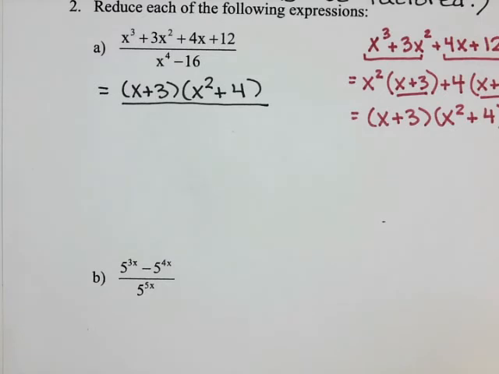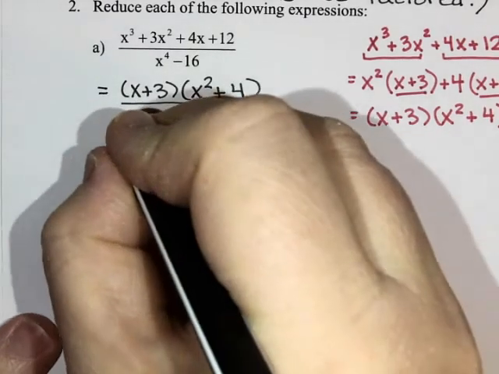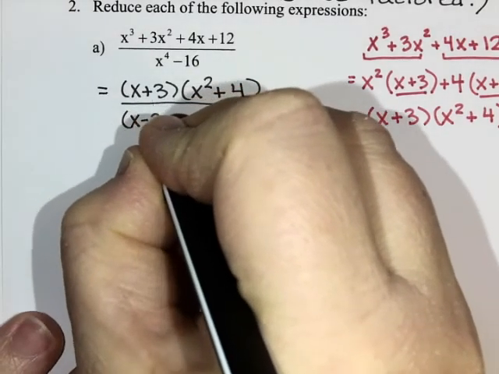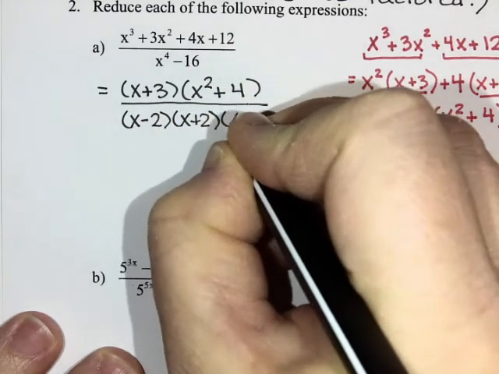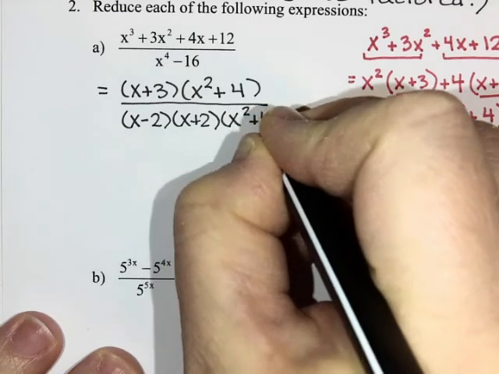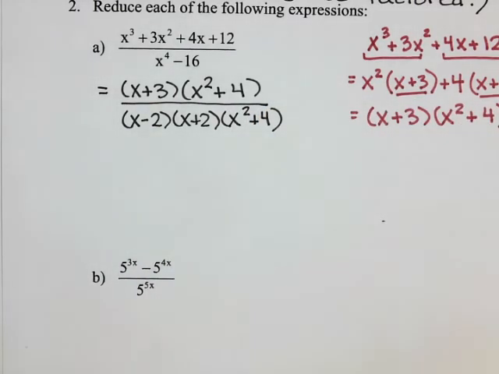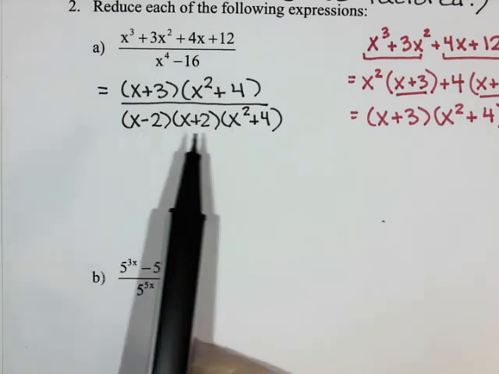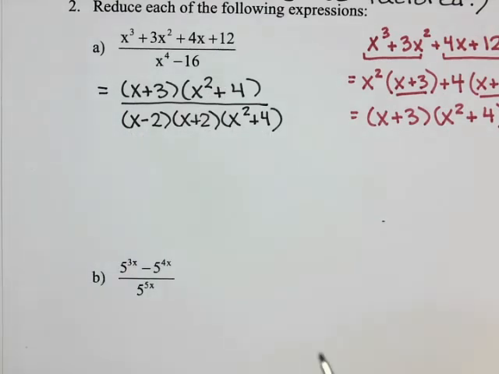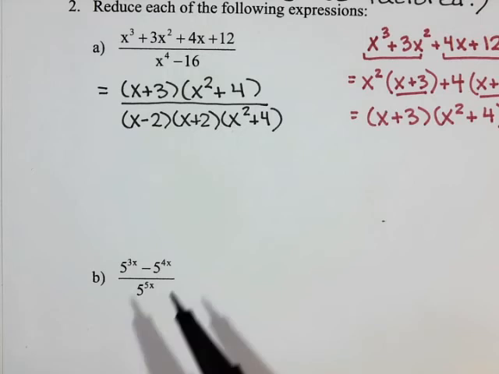So I'm going to put that back in over here. I have x minus 2 times x plus 2 times x squared plus 4. The point of this question was to reduce. So I want to look to see, now that it's factored, now that we have multiplication in the numerator and multiplication in the denominator, I can't just cancel numbers, but I can cancel entire brackets if they match.